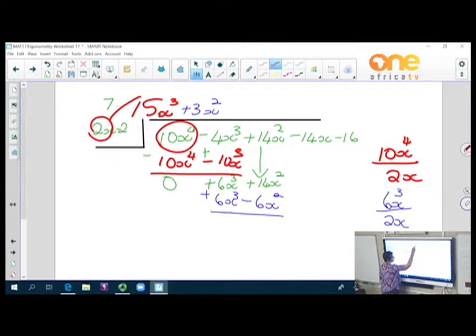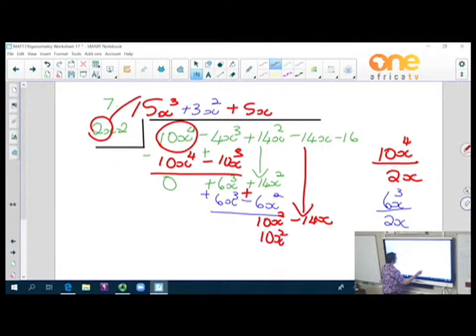So we change the second signs, and this one is then 10x squared here. This one comes down minus 14x. How many times will it divide now? 5x times. Multiply, then you have 10x squared minus 10x.